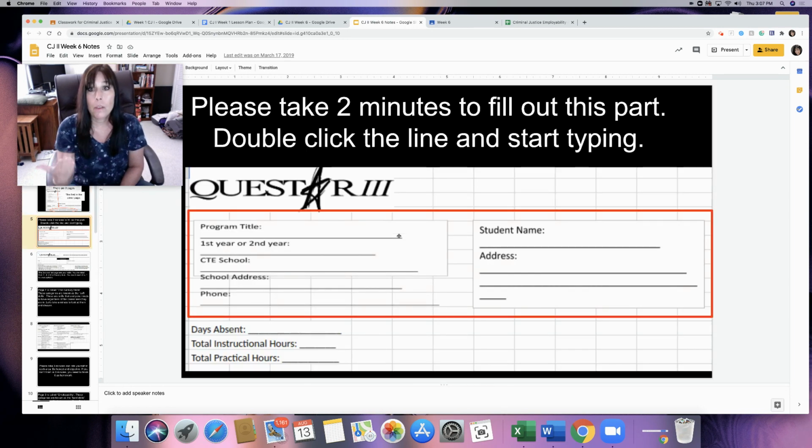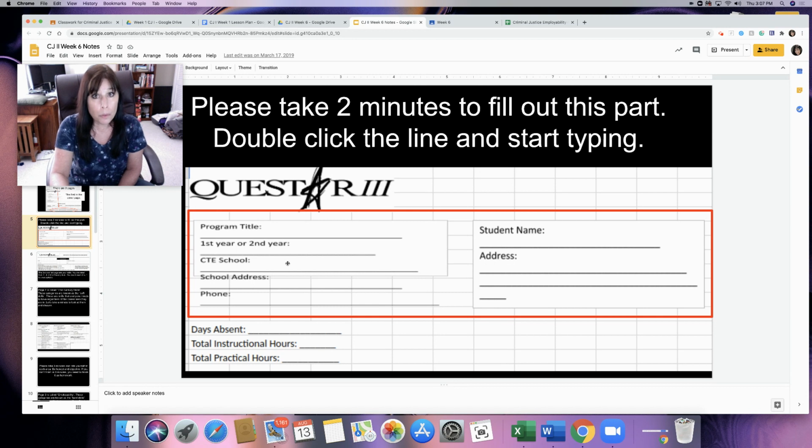Okay. So again, if you're doing this at home, you can take longer than 2 minutes. But I'd like you to fill the front sheet out. You know, program title, you can just put criminal justice, 2nd year. CTE school is the Rensselaer. You know what? Put Questar 3.